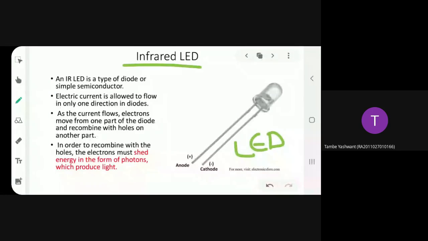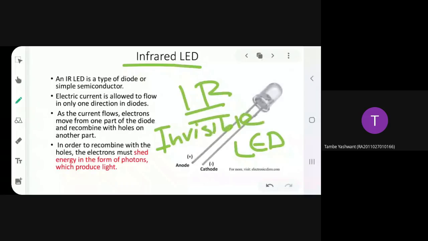You have to use a special type of material that will emit only in the infrared range, which is not visible to you. It is an invisible form of light. It is a special type of LED which emits infrared light, not visible to you.